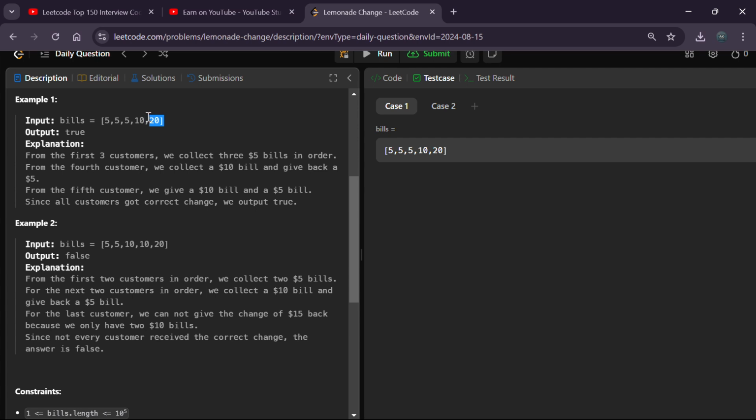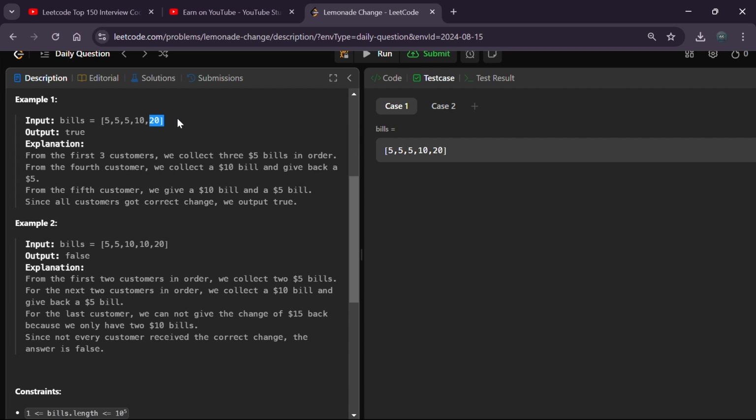So for the fifth transaction, the customer came up with a $20 bill and he purchases exactly one $5 lemonade. So the change that we have to return him is $15, right? And in our pocket, what do we have? Two $5 bills and one $10 bill, right? So adding up these, we get $15.